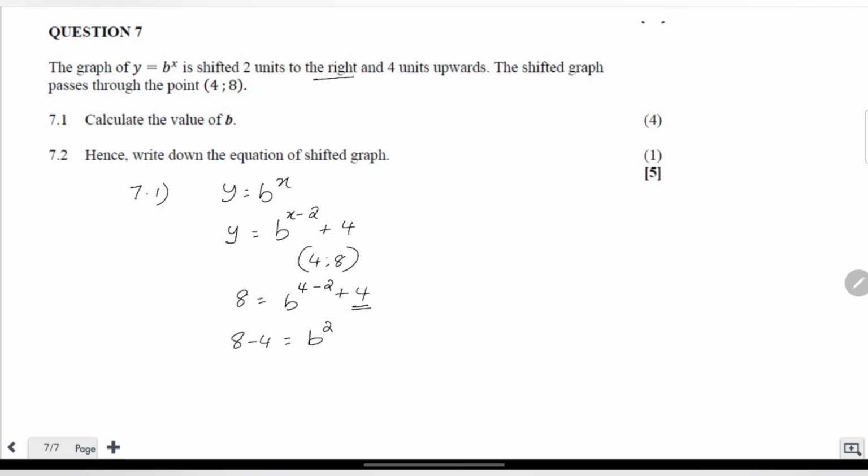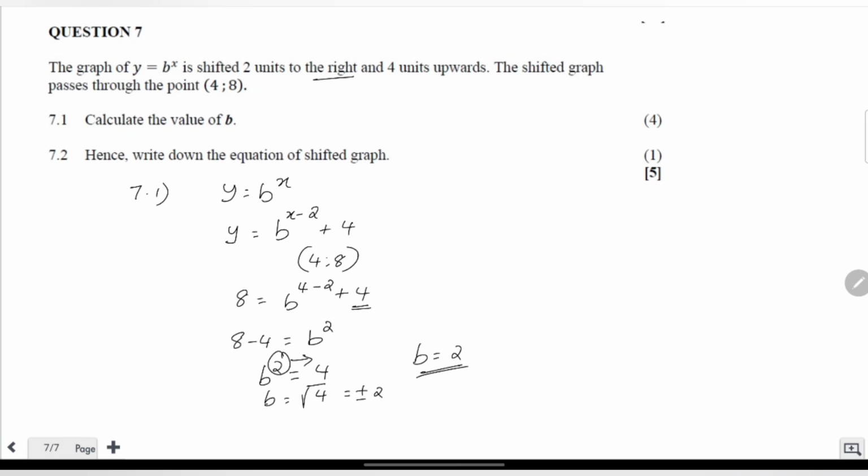Clear? So 8 minus 4 is going to be 4. b squared is equal to 4. Therefore, what is b? Square root of 4, and plus or minus 2 you will get, but remember base is always positive, therefore b is equal to 2. This is how you do the answer.